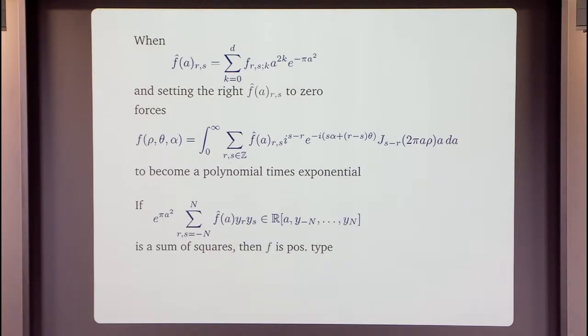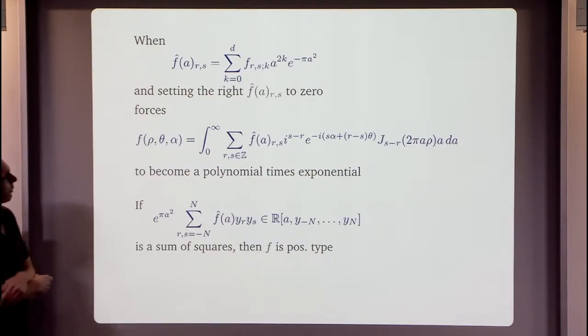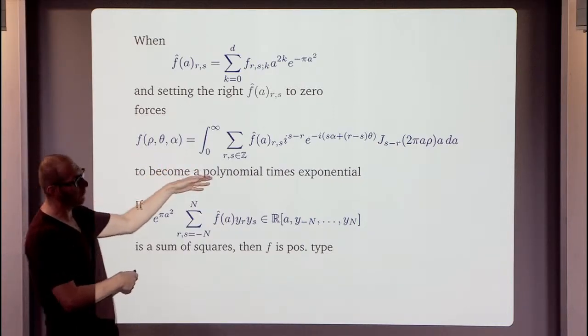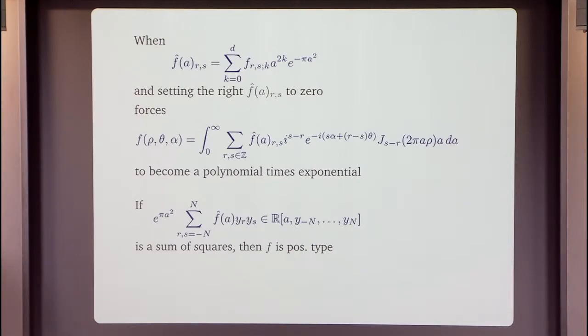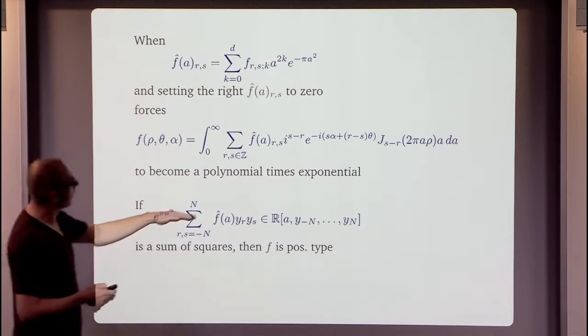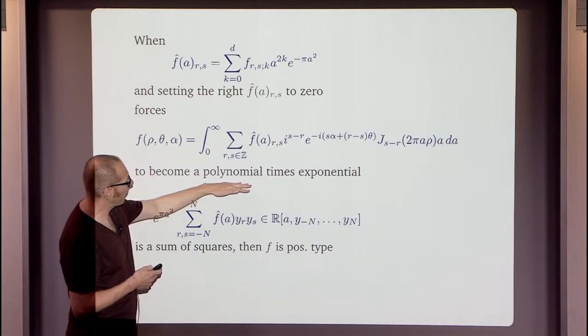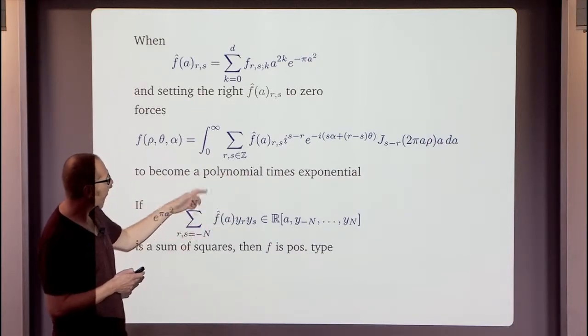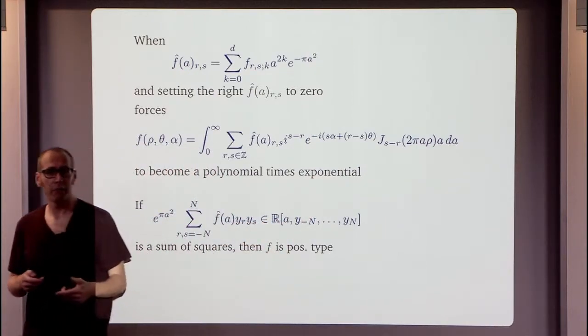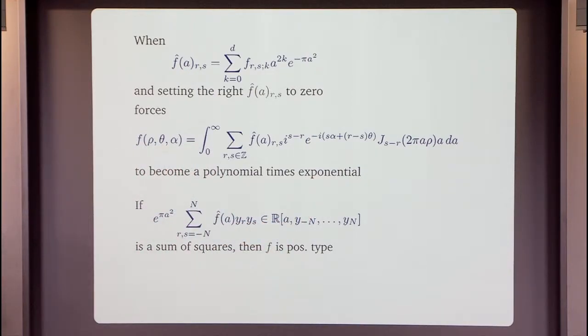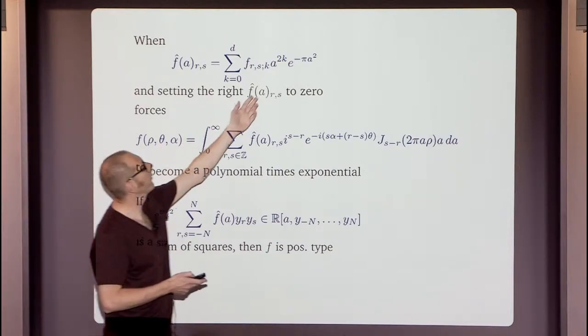And then we can use tools from sum of squares to really make sure that these polynomials which come up are non-negative. So you don't have to worry about the polynomial part anymore. Sum of squares take care of this. You have to maybe wonder where the exponential part is, but this is also not a problem because the exponential part, if you look at this here, is non-negative anyhow.